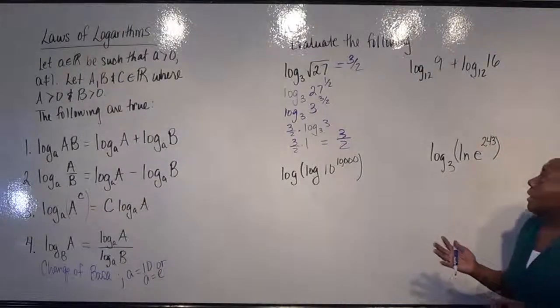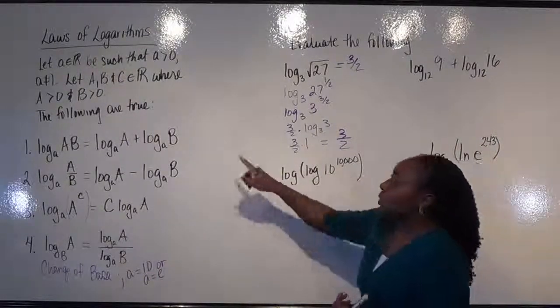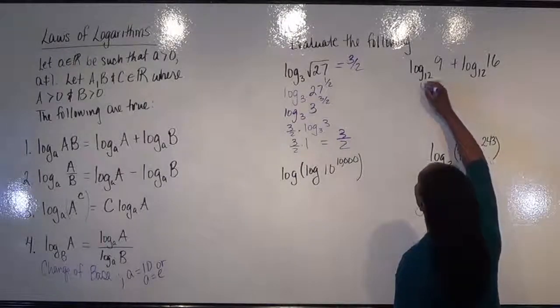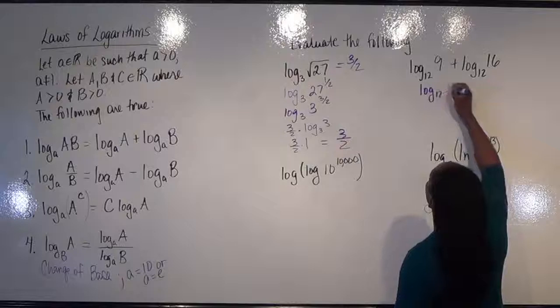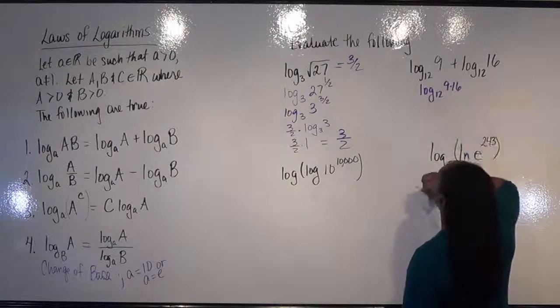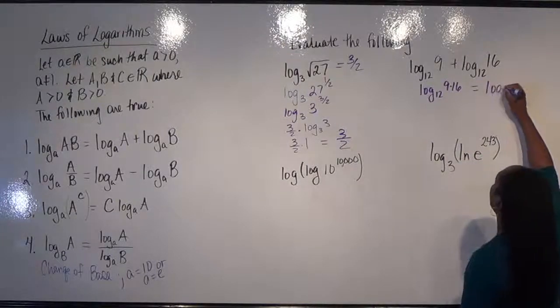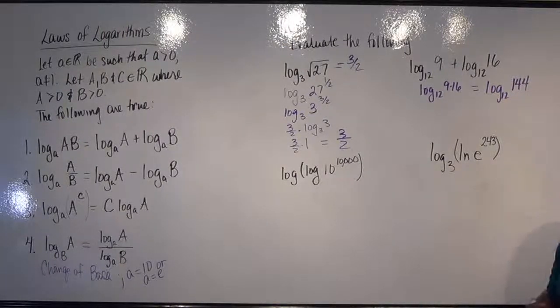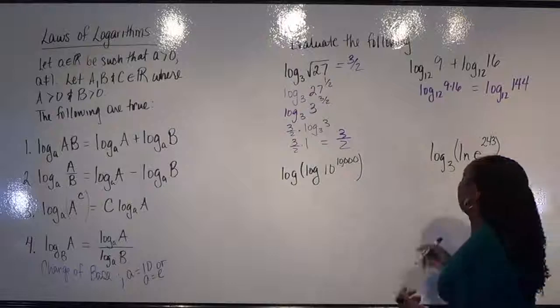So it doesn't quite look like it, but this is where I'm going to use that first property. Because if I combine those, I'm looking at log base 12 of 9 times 16, which is log base 12 of 144. And that we can rewrite using that third property.